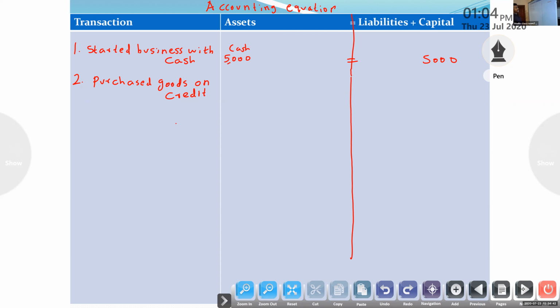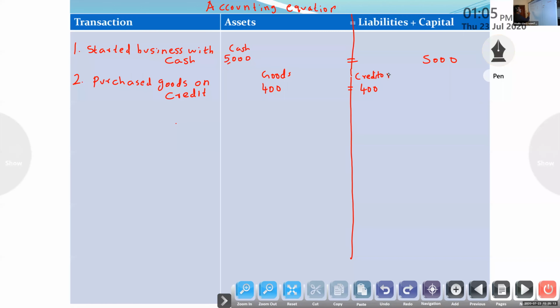Assets, what? Goods. Very good. So 400, that will be goods. Then credit, where will it come? Liabilities. Is equal to 400, that will be creditor. So 400 is equal to 400.